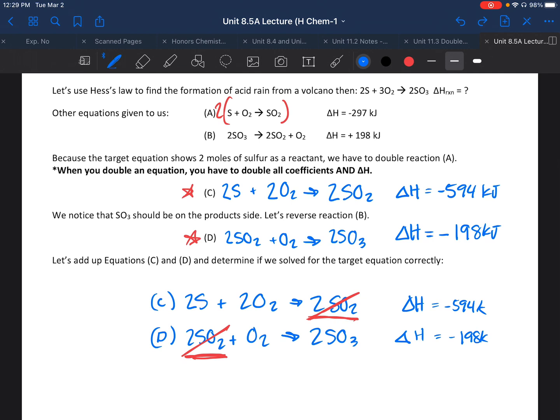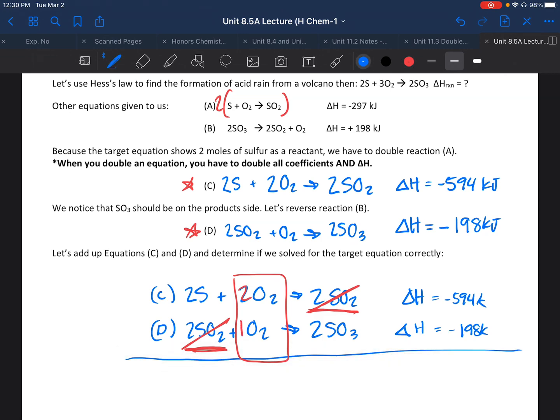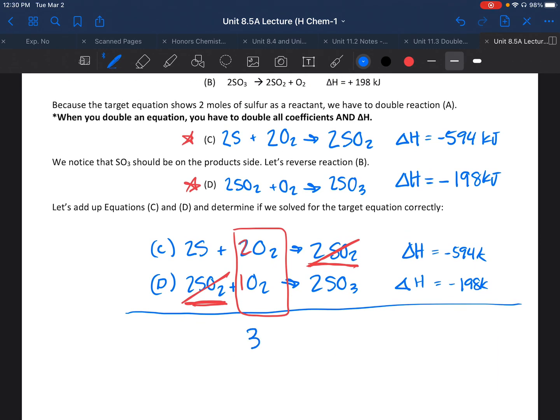Then, remembering that we are adding these equations together, if you have two that are on the same side, like O2, this is really like a 2 plus a 1, and so the term that we get of adding our oxygens together then would be 3O2. And so we have to bring down our 2S. Our reaction arrow goes to 2SO3.